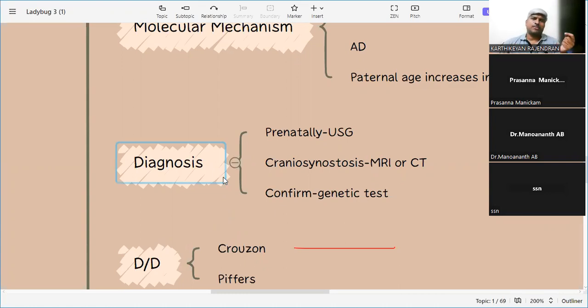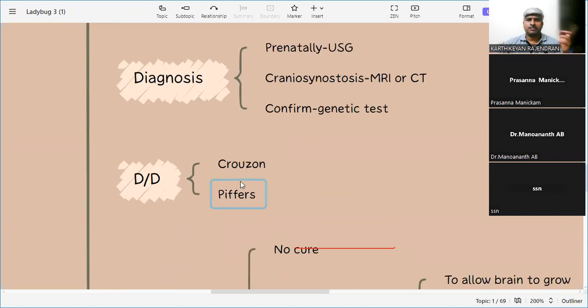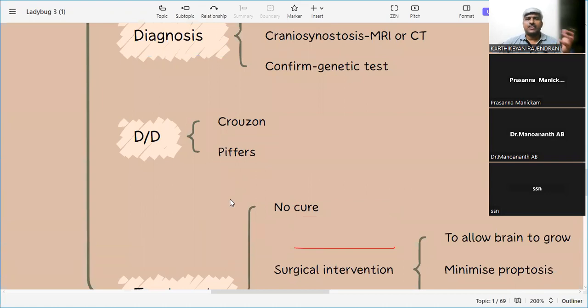For confirmation, we go for genetic testing for the Apert syndrome missense mutation in the fibroblast growth factor receptor gene on chromosome 10. Differential diagnosis, as I already told, includes Crouzon, Chotzen, and Pfeiffer syndromes.